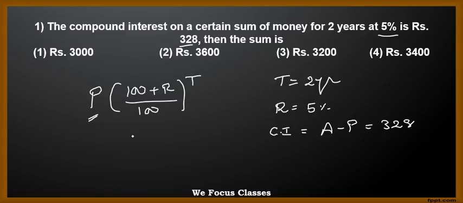Okay, now let us first find the amount by using the formula. What is amount? Amount equals P into (100 plus R by 100) whole square. This is amount, right? But we don't know the amount.